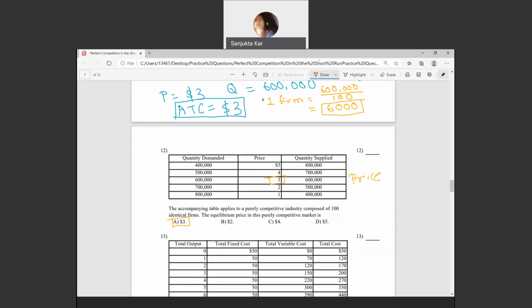That means a single farm will charge a price which is equal to the market price. The farm's price will be equal to the market price. It does not have a say on the market price. Whatever everyone else is charging, the farm will also charge the same price.